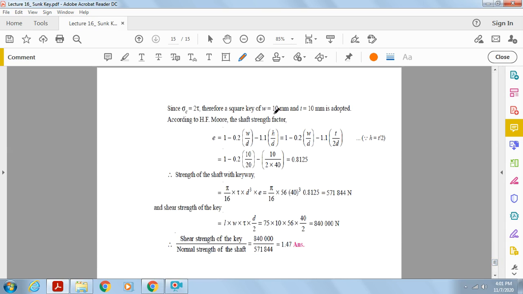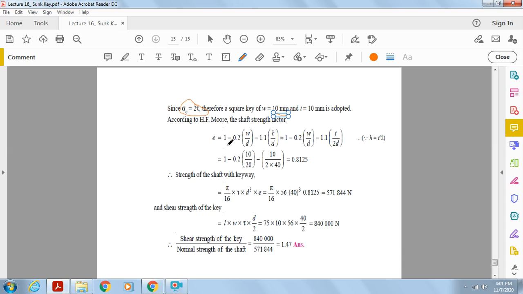Therefore a square key of W equal to 10 millimeter and T equal to 10 millimeter is adopted. This is the condition for the square key: sigma C is 2 tau, so W will be equal to T and equal to 10 millimeter.